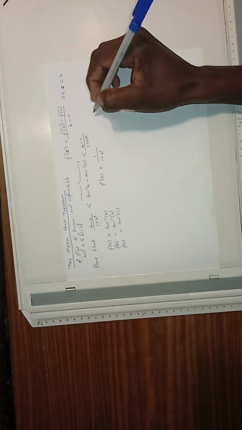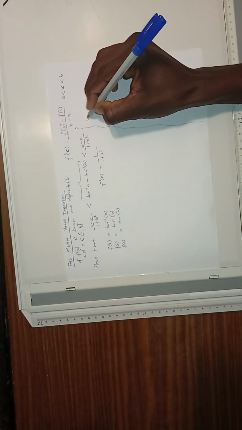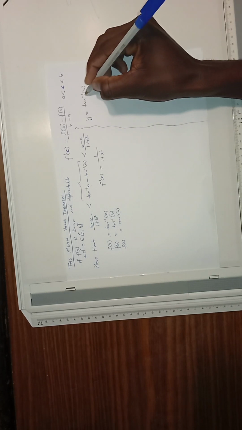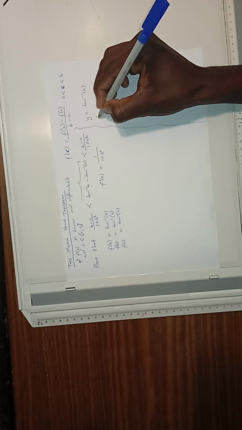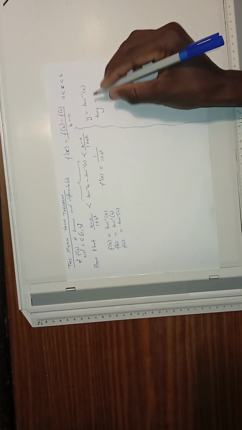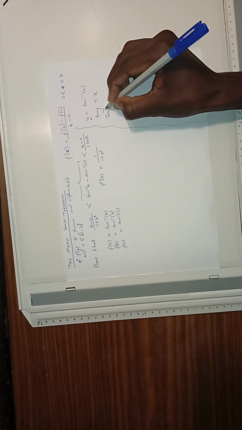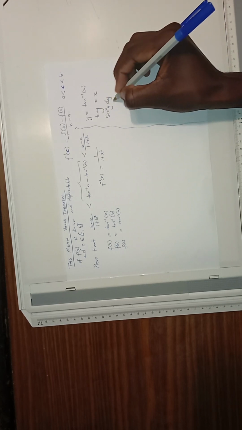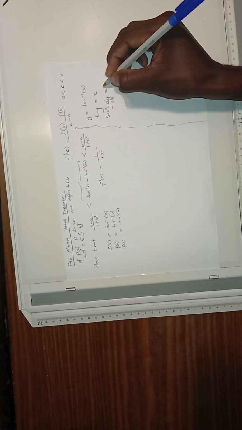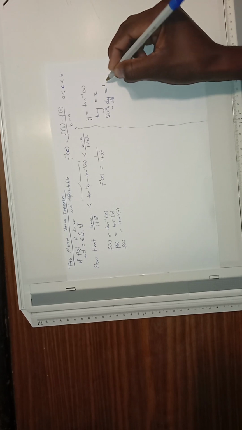How? By this method. You say y is equal to arctan of x, then tan goes this side and makes tan y equal to x. Then you differentiate both sides. If we differentiate tan y, we get sec squared y dy over dx, equal to, if we differentiate x, we get 1.